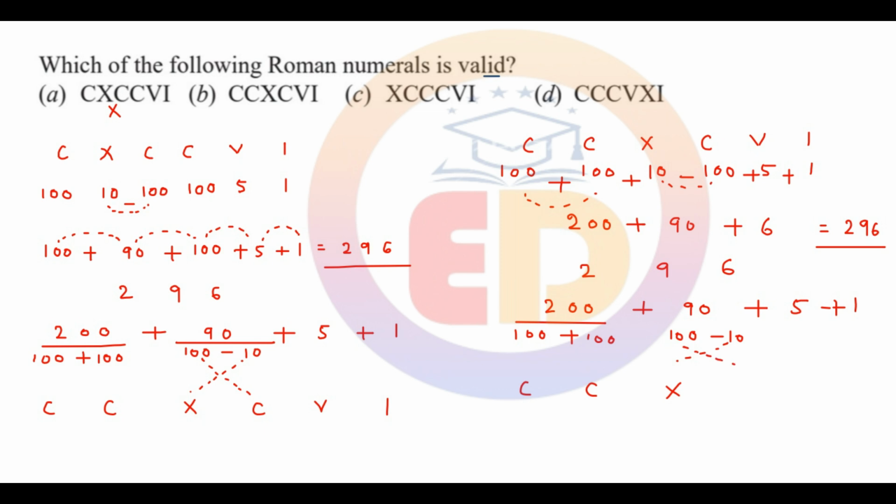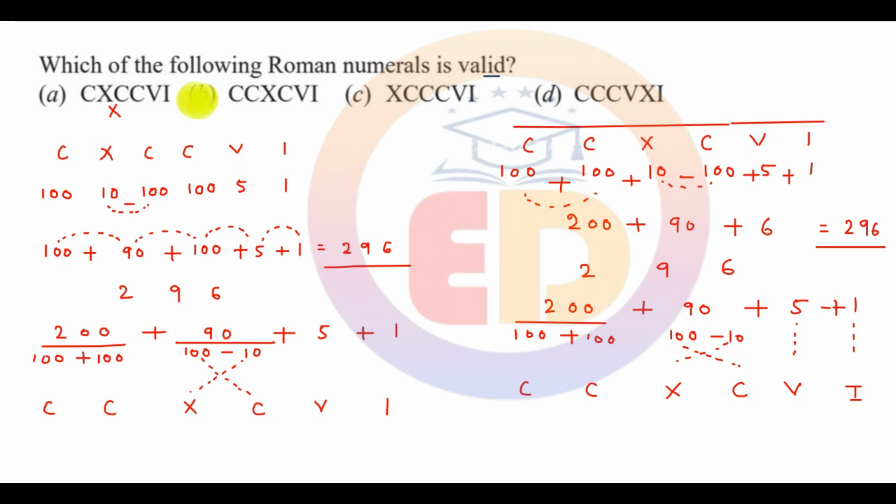Symbol of 100, C should come later. 5 is V, 1 is I. So the correct symbol for 296 should be CCXCVI, which is actually given rightly in the option. So option number B is a valid symbol.